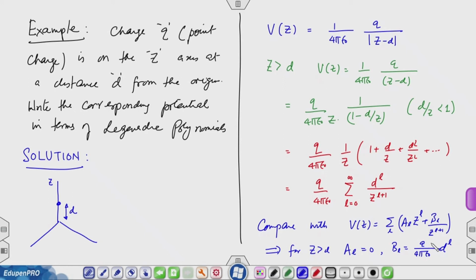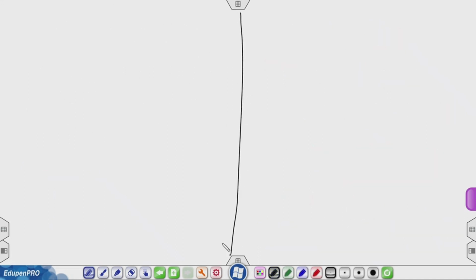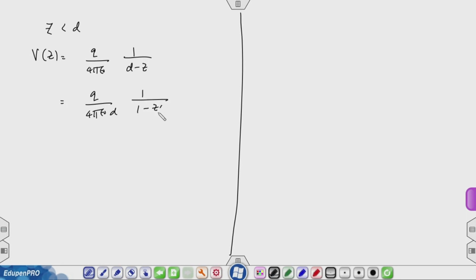Let us go for z less than d. If I go for z less than d, then Vz is equal to q over 4 pi epsilon 0 1 over d minus z. And this time I take d out and write this as q over 4 pi epsilon 0 d times 1 over 1 minus z over d.